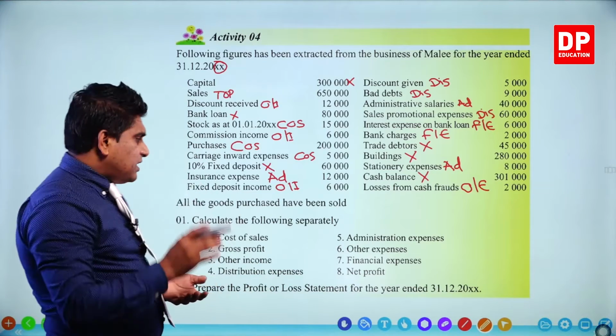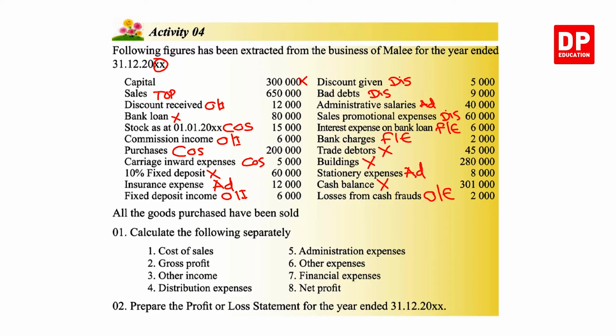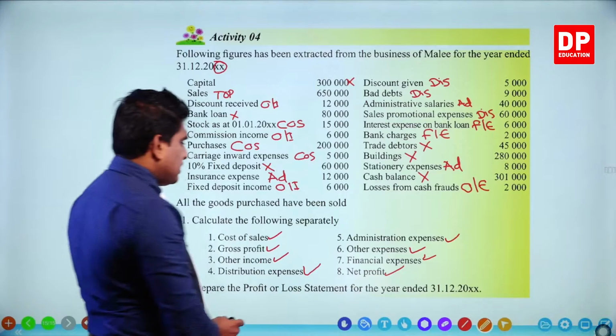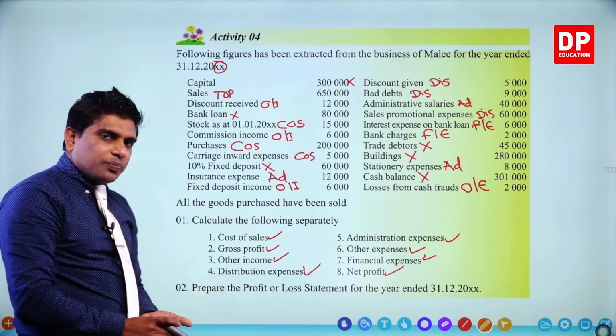Now they ask to calculate the following separately: cost of sales, gross profit, other income, distributing expenses, administration expenses total, other expenses, financial expenses, and net profit. They ask these eight items separately.